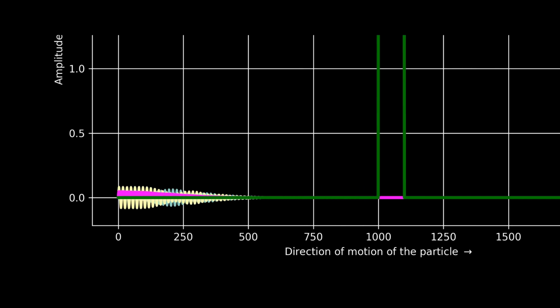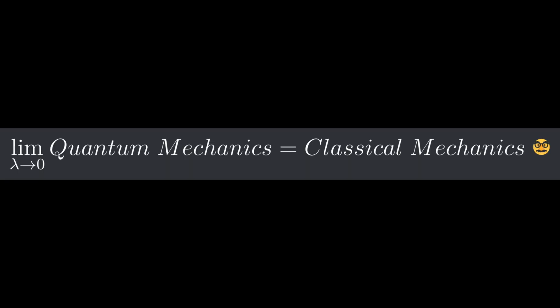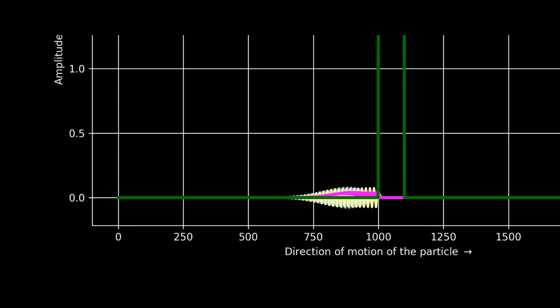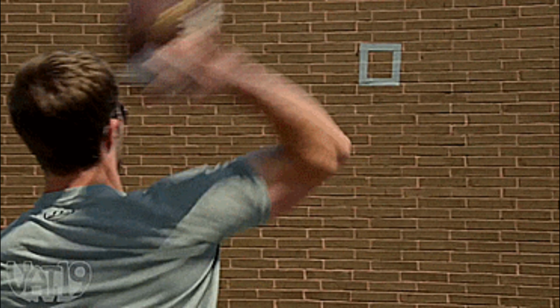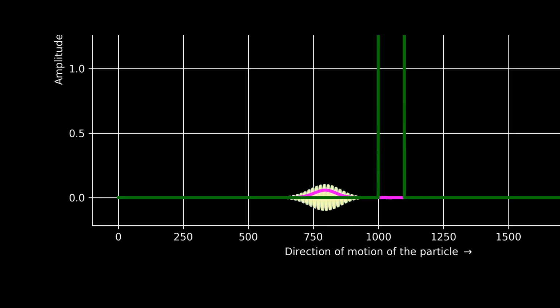Decreasing the wavelength results in less wave behavior and more particle behavior. In fact, quantum mechanics reduces to classical mechanics in the limit of lambda tending to 0. So the particle is behaving much like a classical particle, like a tennis ball, and bounces back from the barrier as it does not have sufficient energy to surpass it.